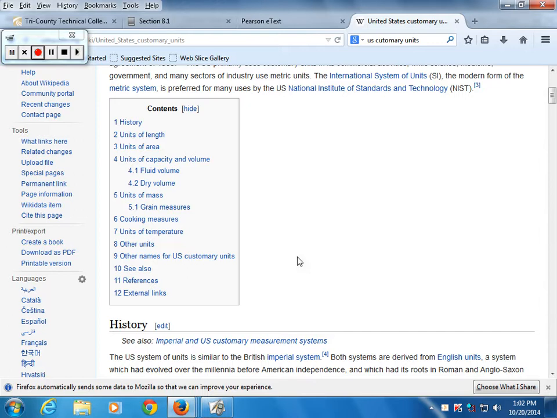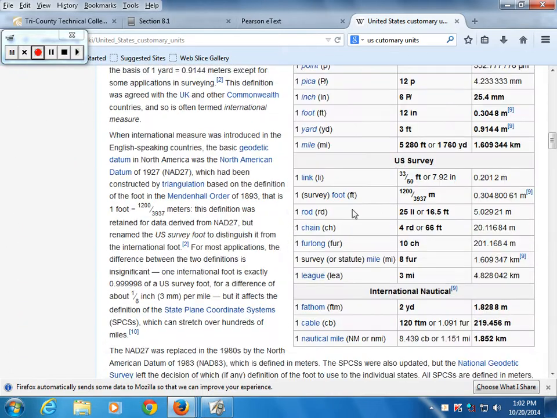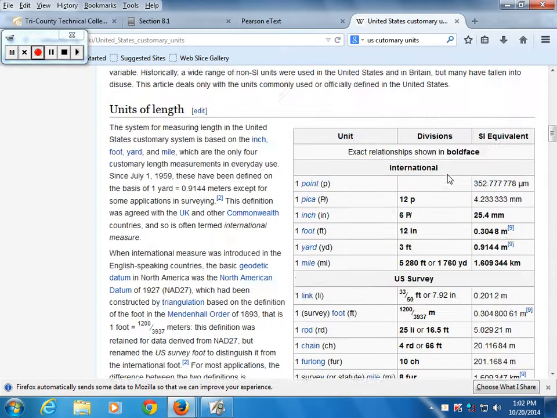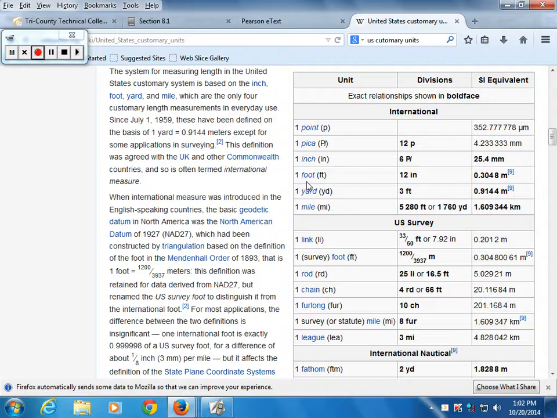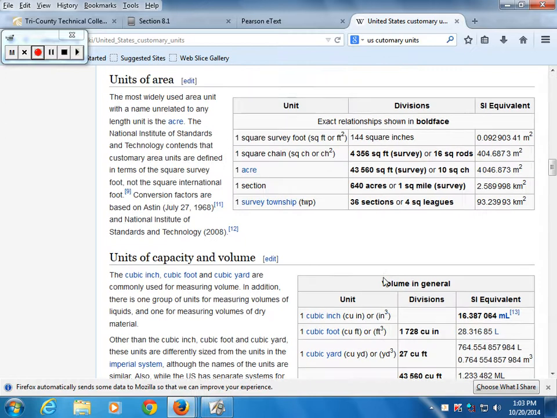And there they are. 1 foot equals 12 inches. 1 yard equals 3 foot. 1 mile equals 5,280 feet. You don't need the old surveying units, but I do. I got to take a test Friday, and they'll be on that test.